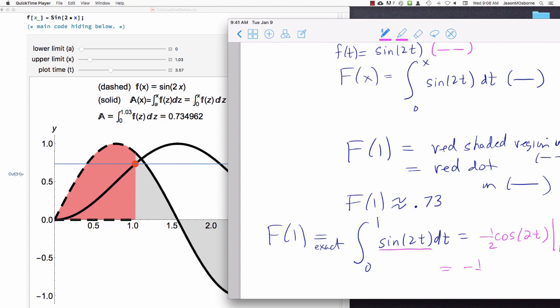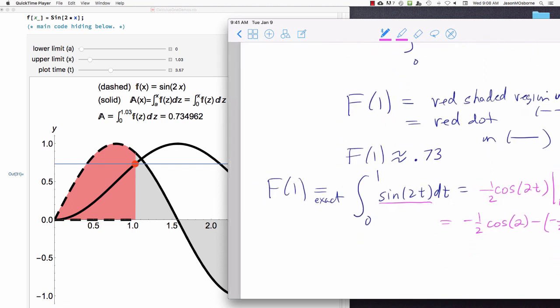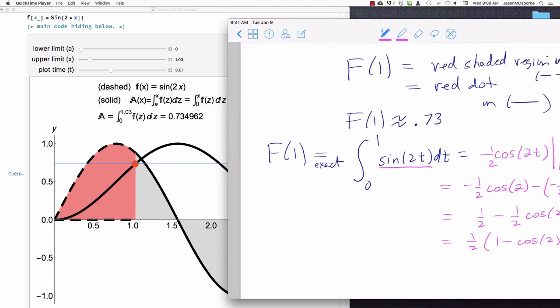So you'll get negative 1/2 cosine of 2 minus negative 1/2 cosine of 0. And therefore you get 1/2, negative 1/2 makes a positive, 1/2 minus negative 1/2 cosine of 2. The 1/2 comes out in front, 1 minus cosine of 2, and there is your exact answer.